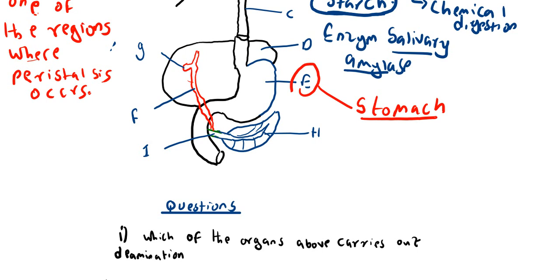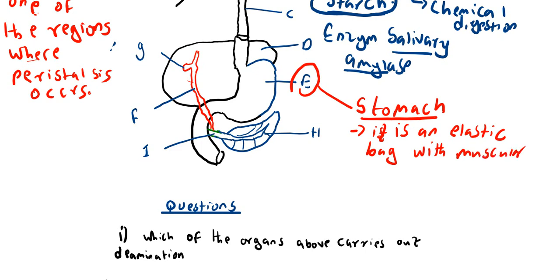So that's what the stomach is. It's basically an elastic bag, meaning it can stretch. It's an elastic bag with muscular walls, meaning it has got muscles. Its walls are made up of muscles.